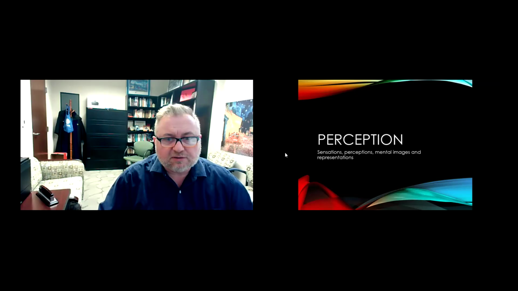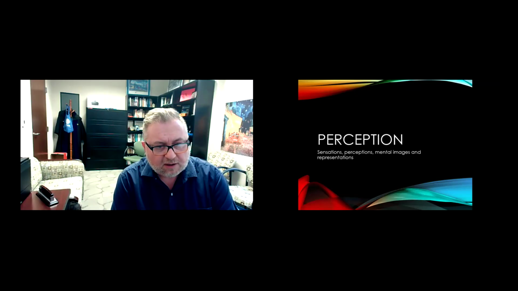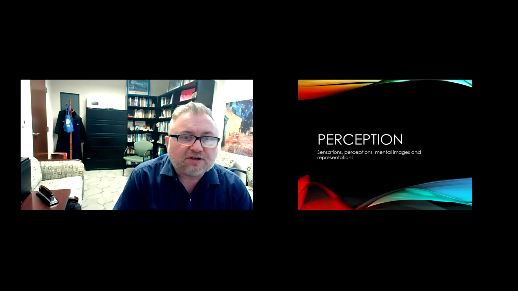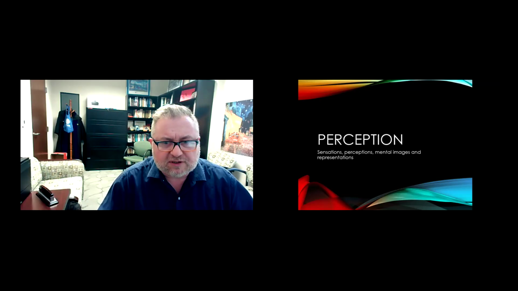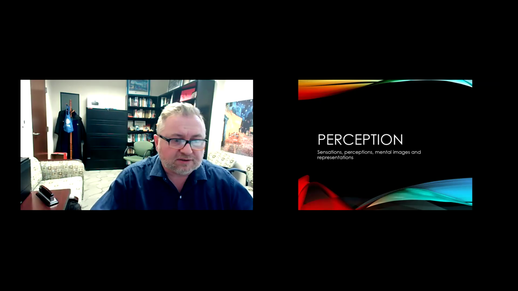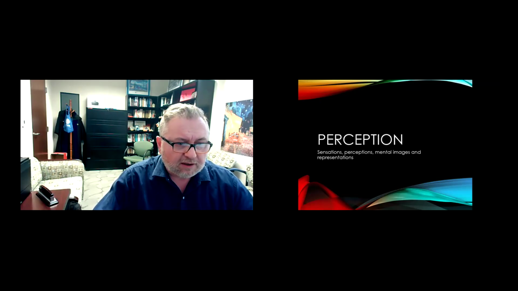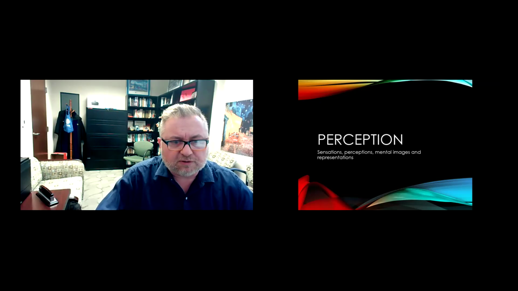We are now moving into chapter three, which is about perception or sensation of perception, however you want to call it. This is sort of our first step into the various cognitive processes. As noted in the first chapter, cognitive psych is the study of cognitive processing, right?